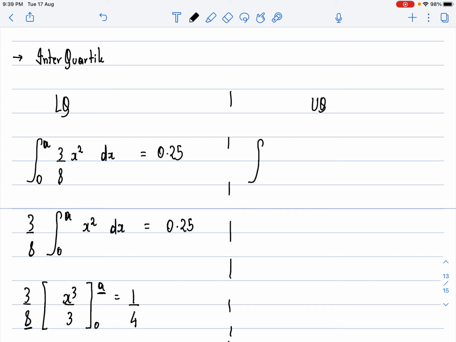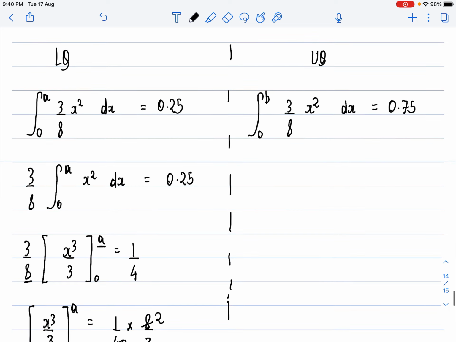You integrate your f(x) from 0 now to b, with 3/8 x squared dx, and you equate this to 0.75 now. So you get 3/8 outside, and you integrate x squared, which is x cubed over 3, from 0 to b, equal to 0.75.